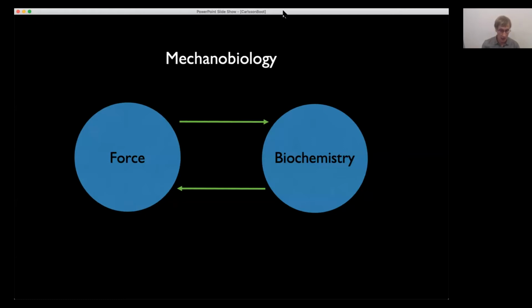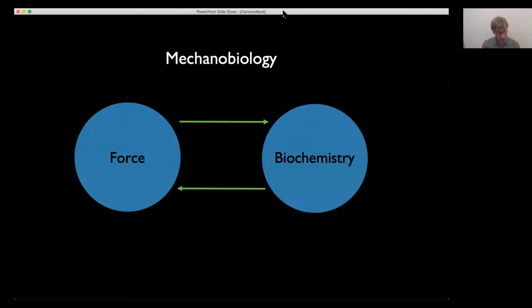For example, if we pull on a molecule, we know that that will tend to accelerate that molecule coming apart in most cases. But force can also impact processes going on deep in the cell, like the translation rates of proteins. And it can also impact what type of cell a cell actually becomes when it's mature.